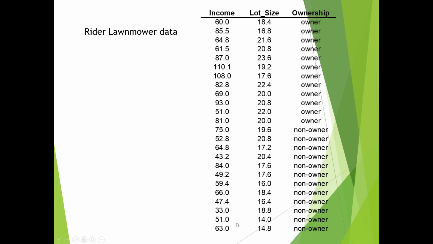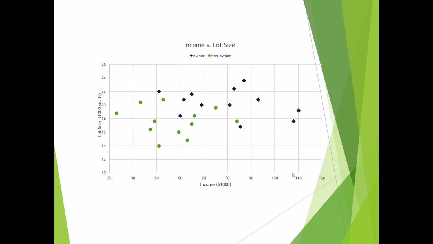You have two predictors, income and lot size, and then we have the classification, whether owner or non-owner for ownership. Now if you plot it, since it's only two predictors, you plot one predictor on the x-axis and the second predictor on the y-axis, and this is what the plot looks like.